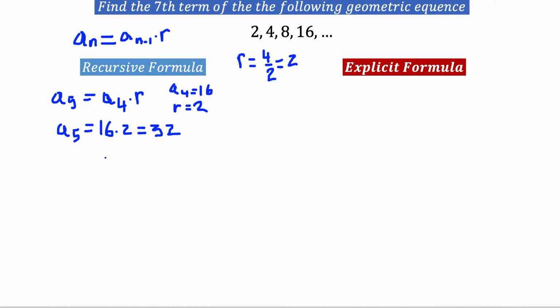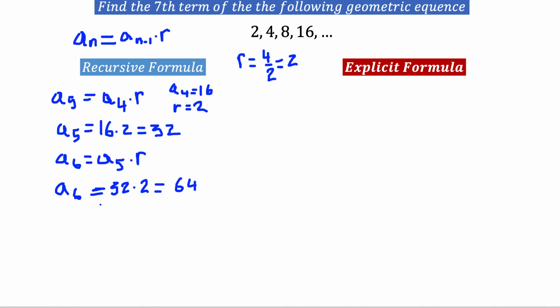Now if we are looking for the next term, a_6 is equal to a_5 times r, where a_5 is 32. So 32 times r, where the common ratio is 2, and this is 64.